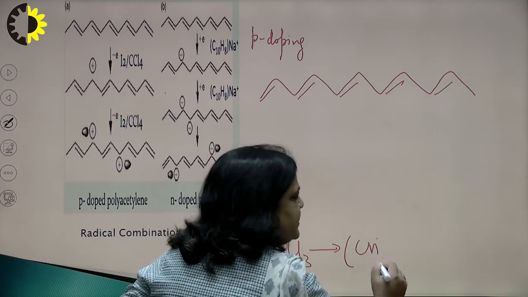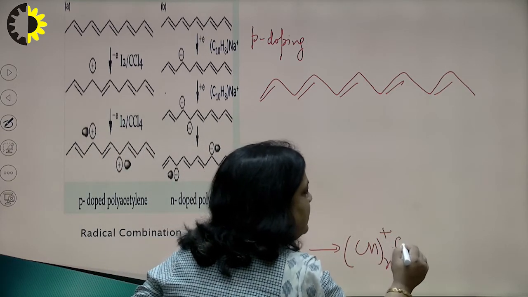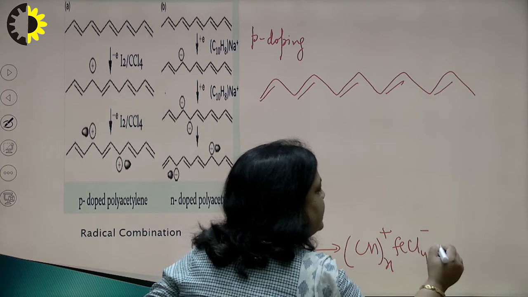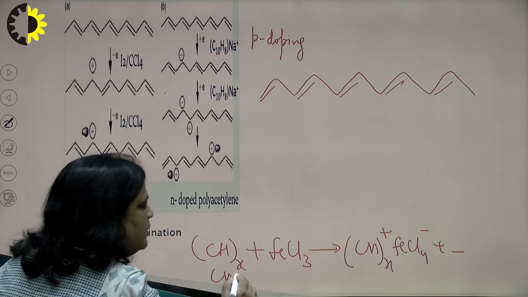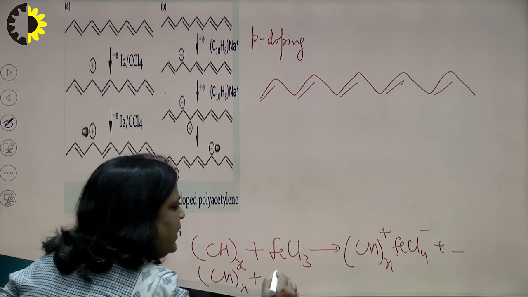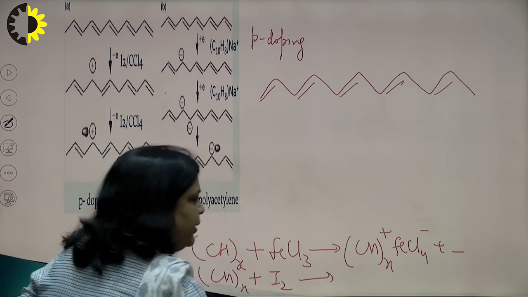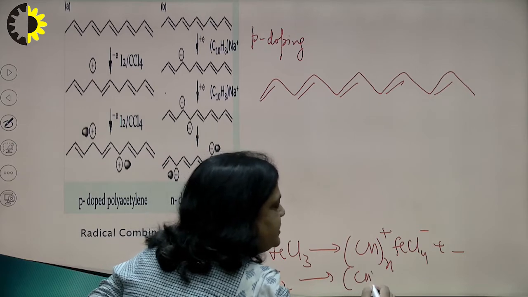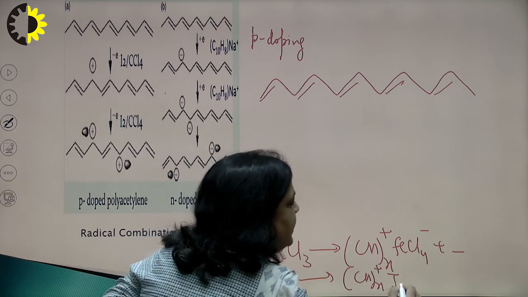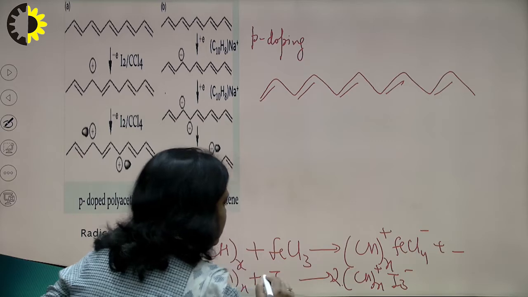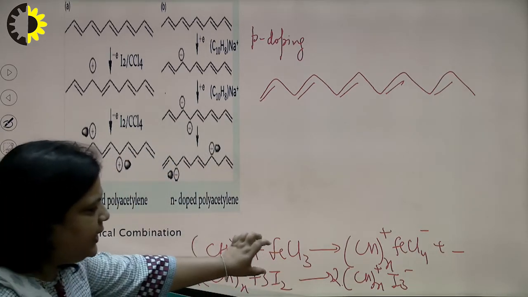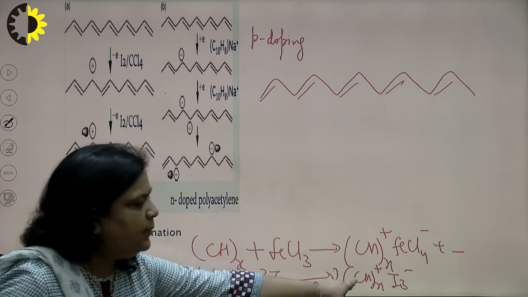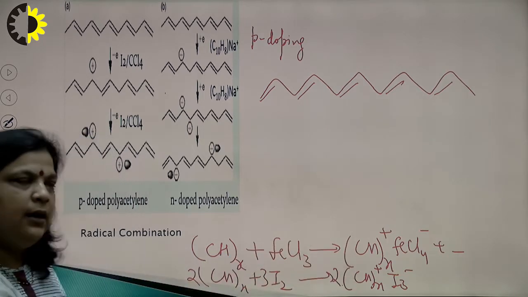We get CHX plus FeCl4 minus, and so on. Or if we take iodine, I2, we get CHX plus I3 minus. So, when we take an oxidizing agent, a plus charge appears on the chain.